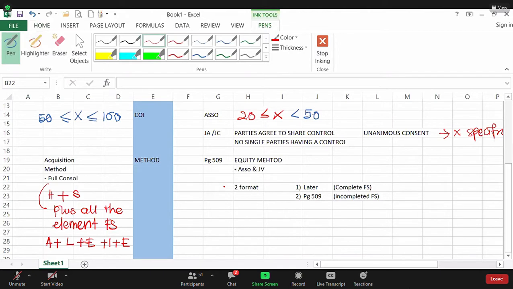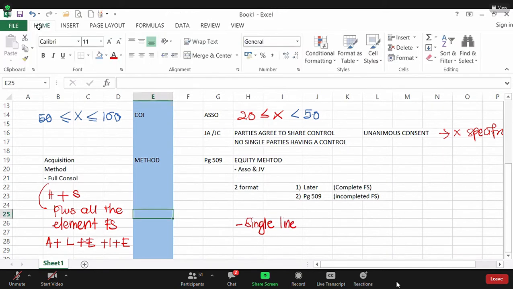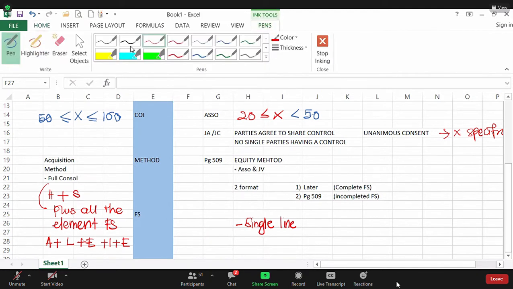But what about equity method? Equity method means that you're going to do a single line. In other words, for the financial statement, you're going to plus all, but for the equity method, you did not plus all. You're going to put a single line only.